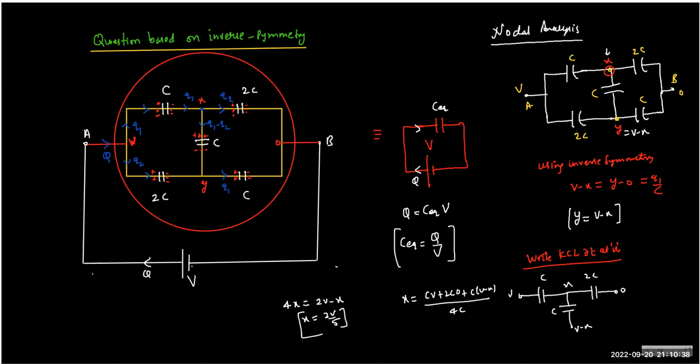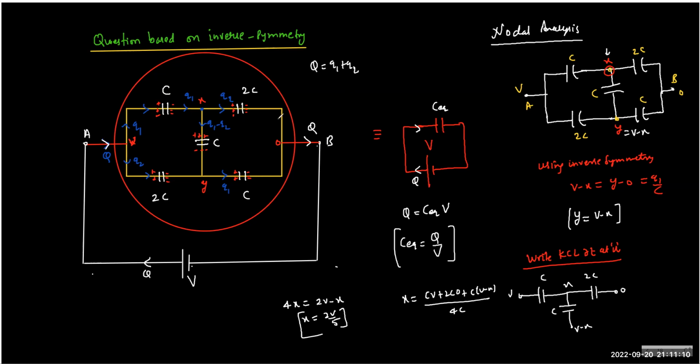So now if X is 2V by 5, you know everything. Whatever charge the battery sends gets divided as Q1, Q2. And the same will come from the other side also, isn't it? Whatever enters from this side, the same will come from this side. So can we write Q as Q1 plus Q2?